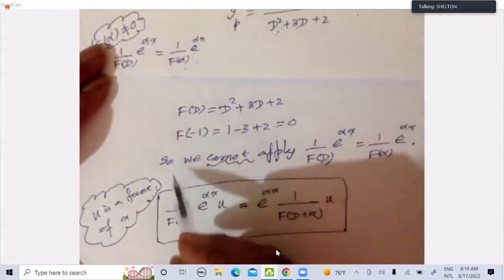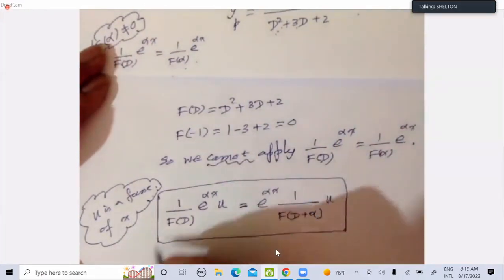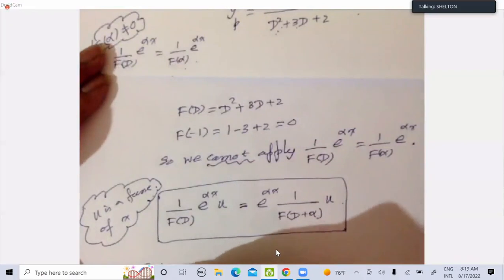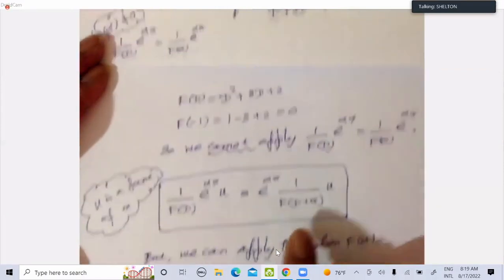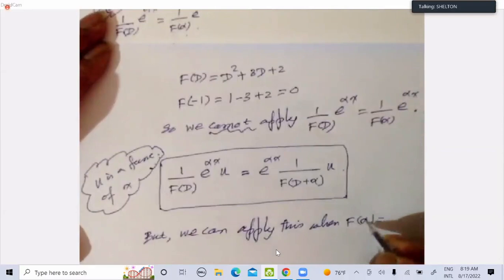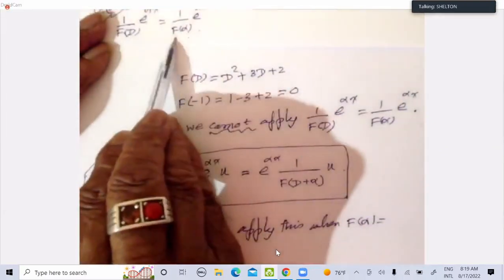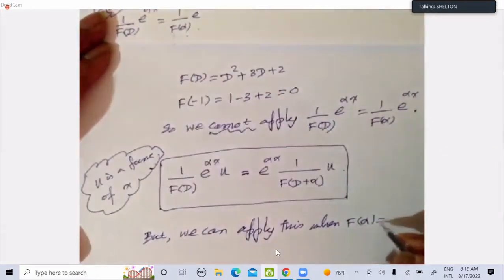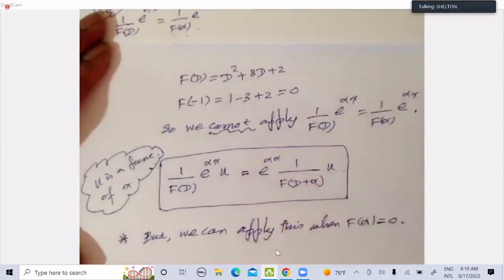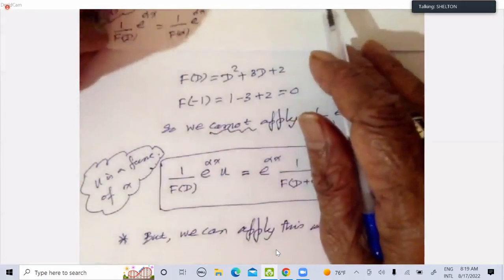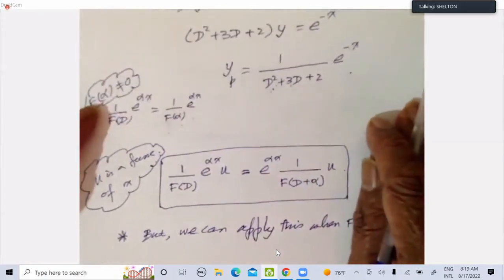We cannot apply the earlier formula, but we can apply this formula, even when f(alpha) is equal to 0. So what do we do? I need to find yp. I need to find yp.